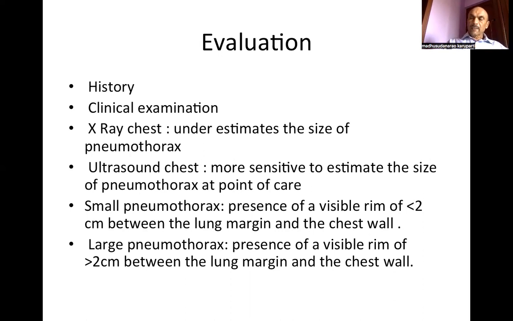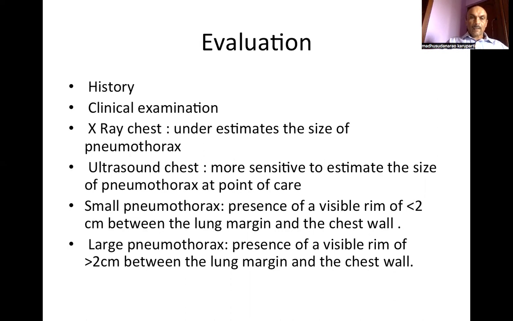Well, on most occasions, X-ray chest underestimates the size of the pneumothorax. At the point of care, ultrasonography of the chest wall is more sensitive. It helps to estimate the size of the pneumothorax and plan the appropriate treatment.